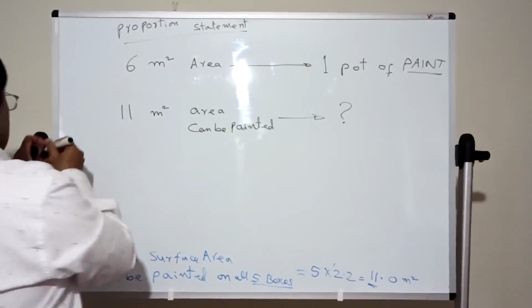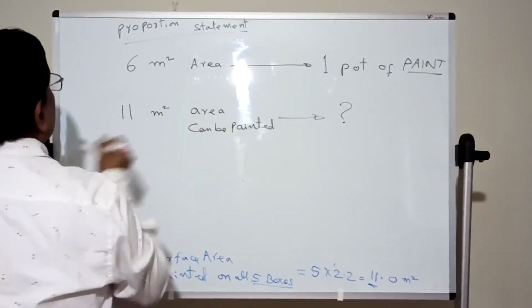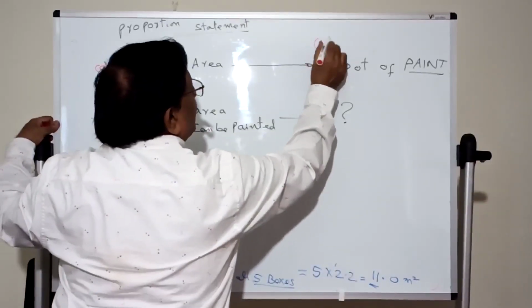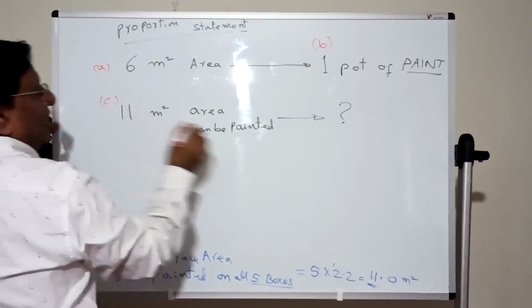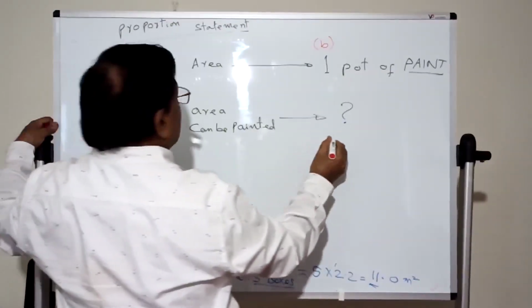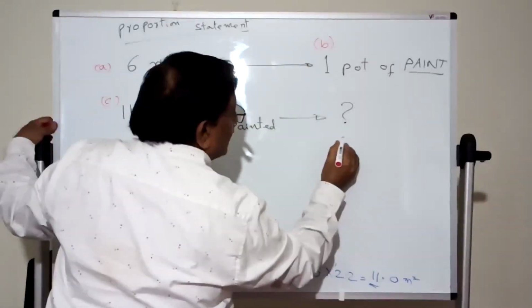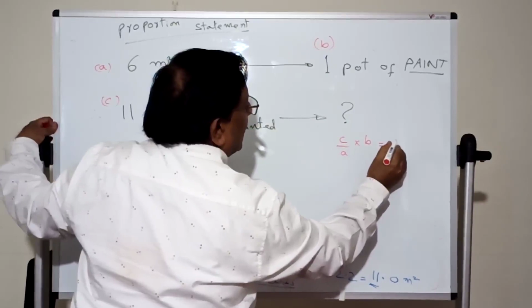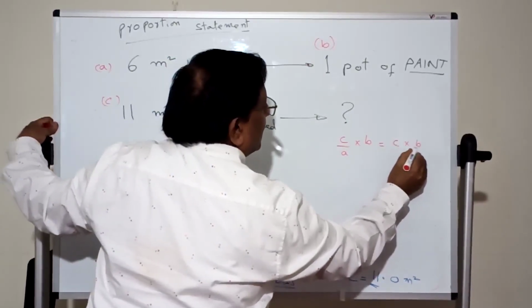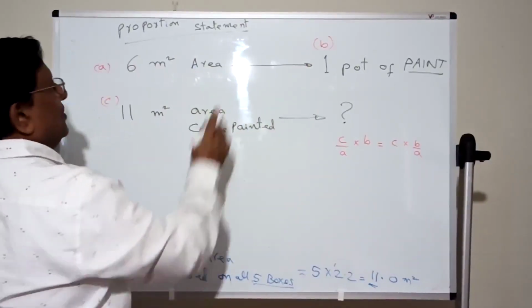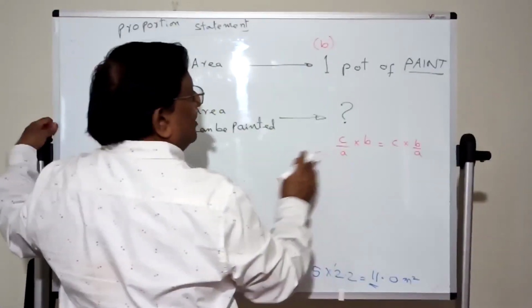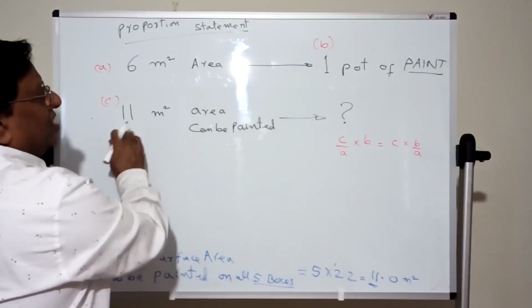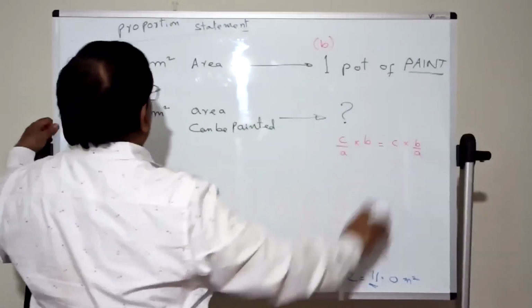If this number is A, this number is B, and this number is C, the answer by the proportion formula is C divided by A, C over A times B. Some people write C times B over A. That is for unit area they will find out, and for 11 area they just multiply.